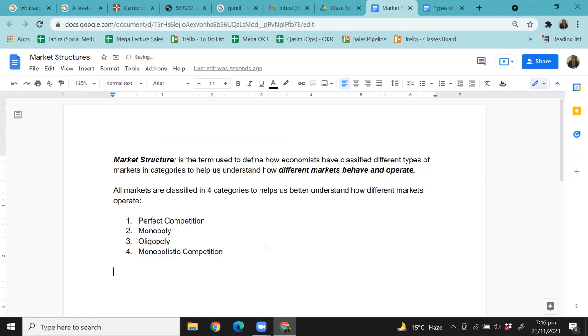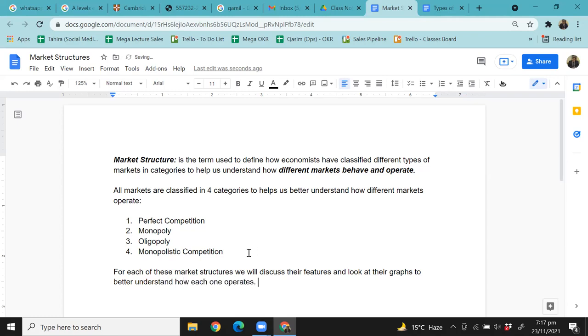Okay. Now, for each of these market structures, we will discuss their features and look at their graphs to better understand how each one operates, right?